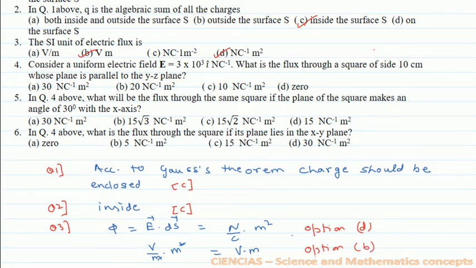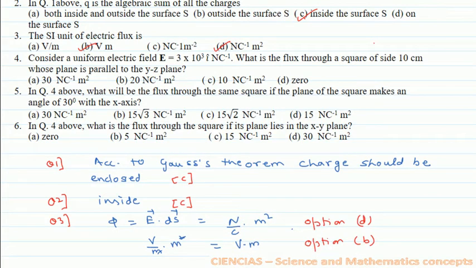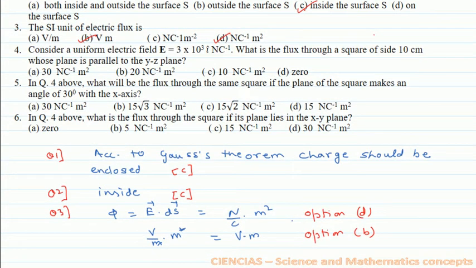Now for the fourth question. We are asked to consider a uniform electric field, given as E equals 3 into 10 to the power 3 i cap Newton per coulomb.